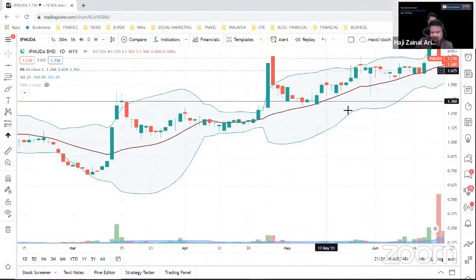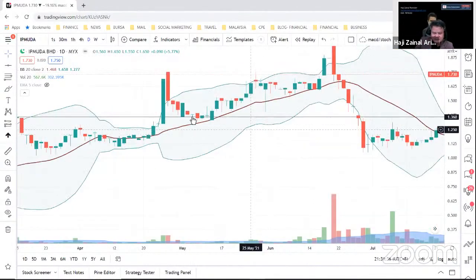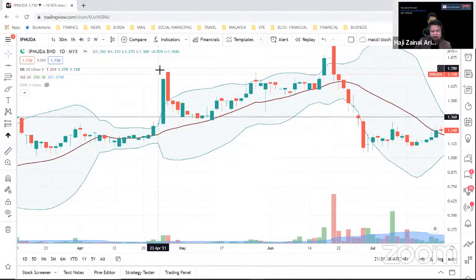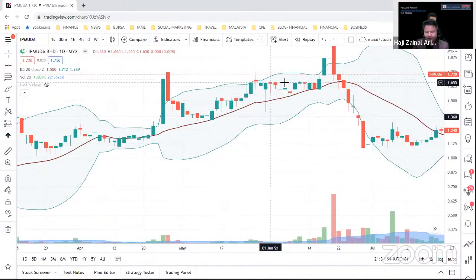Now of course the next day the price comes down, but the trend is still rising. If you notice, the price is all the way above the 20 days moving average until it drops or breaks below on the 23rd of June.